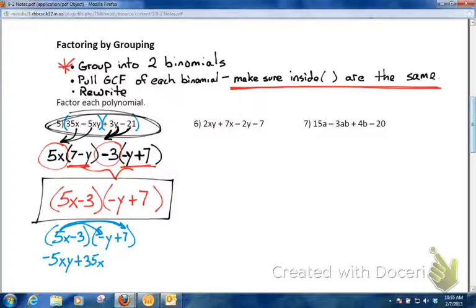And then inside here I have negative 3 times negative y, positive 3y, and negative 3 times positive 7, negative 21.